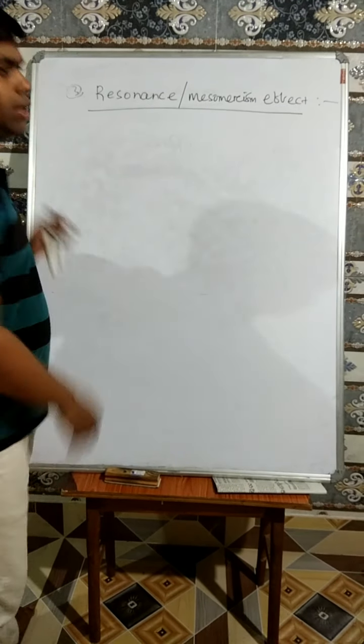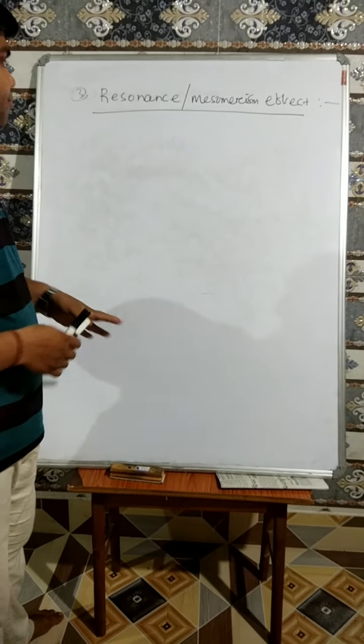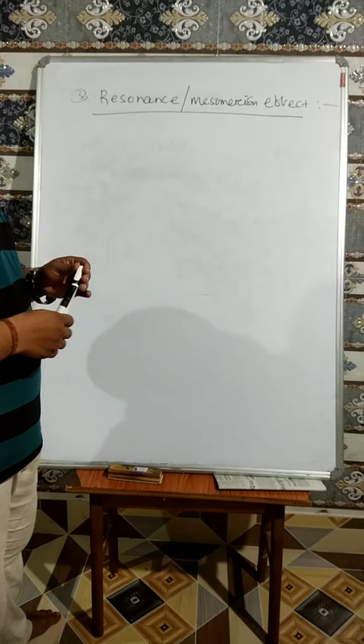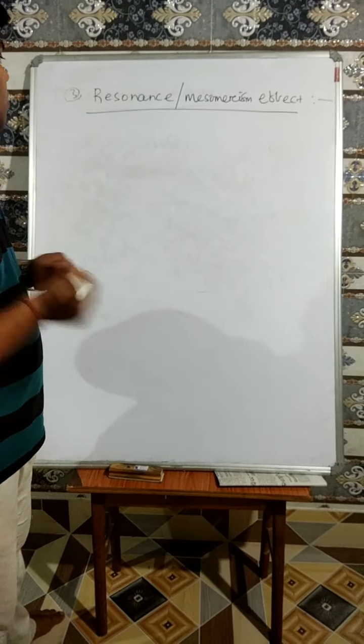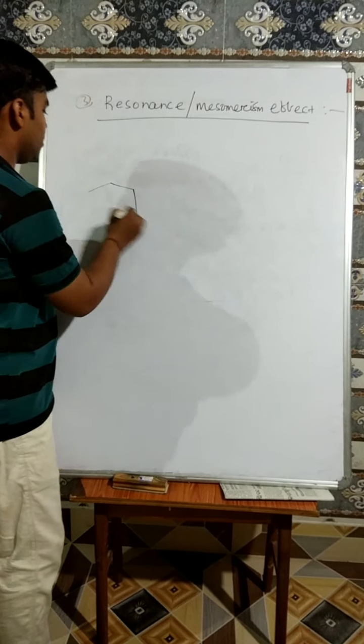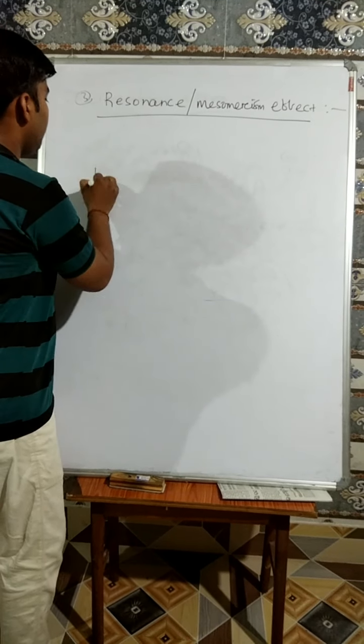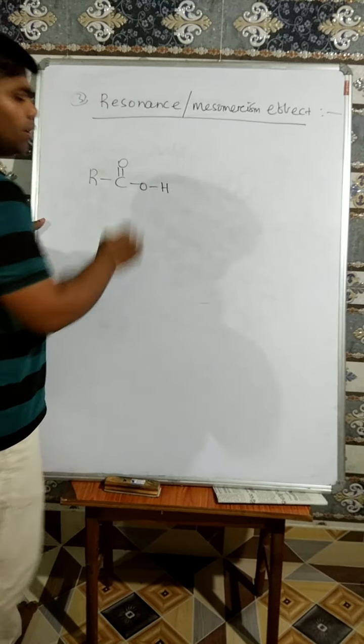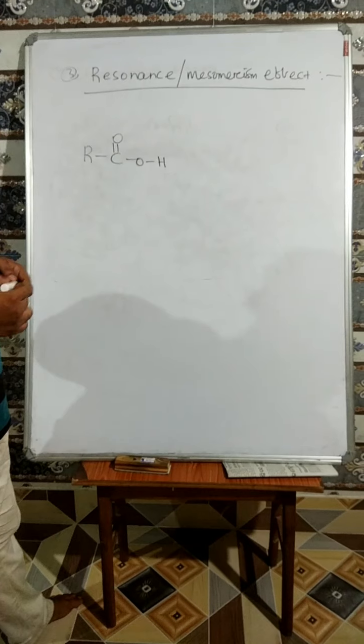First, resonance effect can explain the relative acidic strength of aromatic organic acids. Suppose I am saying benzoic acid. First, why a carboxylic acid is acidic can be explained with the help of resonance effect.